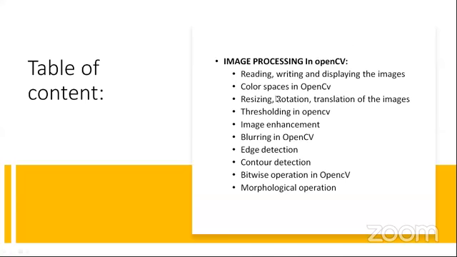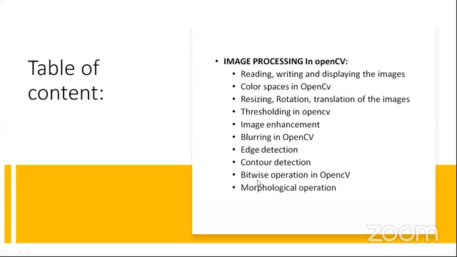So we will mainly talk about the image processing part in OpenCV. We will see how to read the image, how to write it, what the color spaces are, what resizing and rotation are and how we can do them, what the necessity of resizing and rotation is, what thresholding is, image enhancement in OpenCV, blurring, edge detection, contour detection, bitwise operations in OpenCV, and morphological operations in OpenCV.